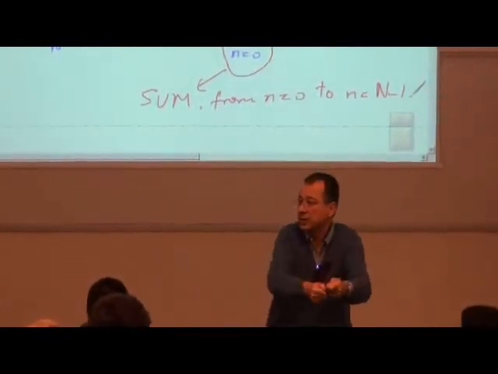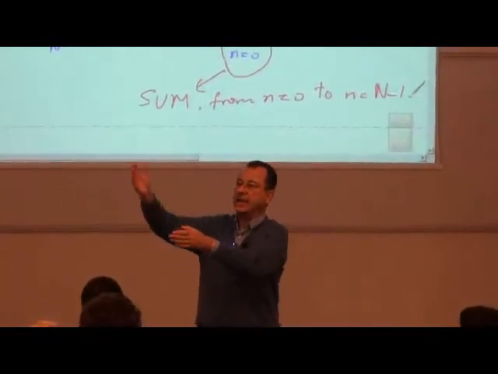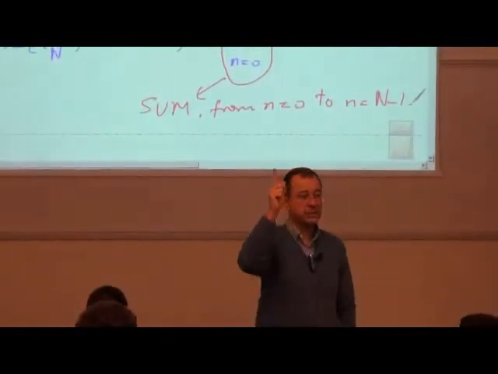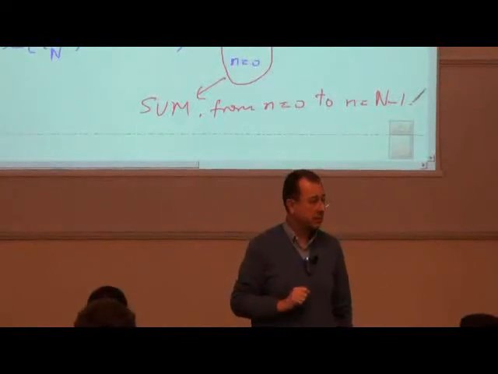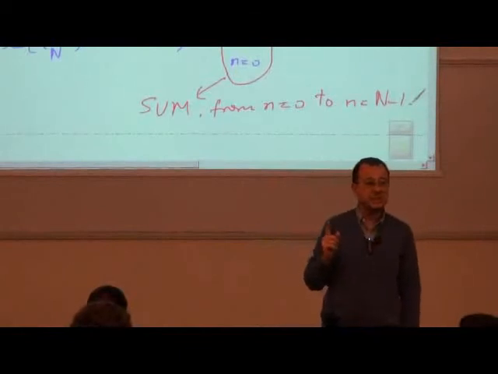Okay. For example, if I want to find the position at time t5, that's the fifth time that I measured. T5 is simply 5 delta t. Okay? What is that equal to?